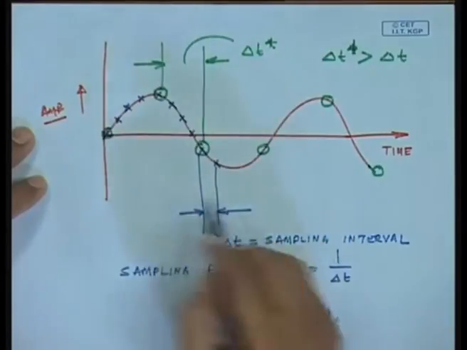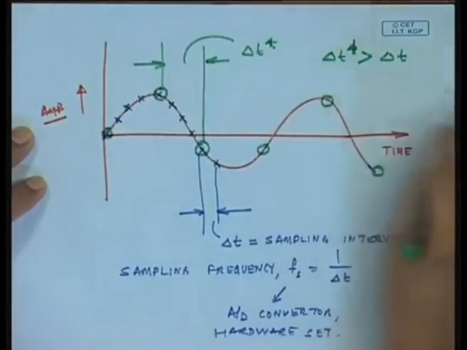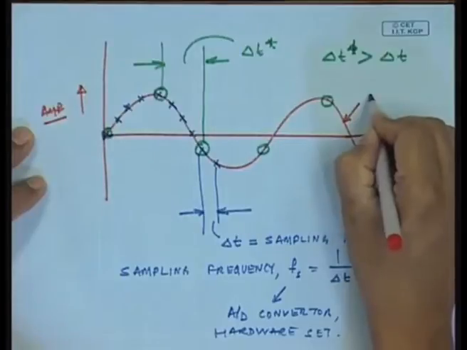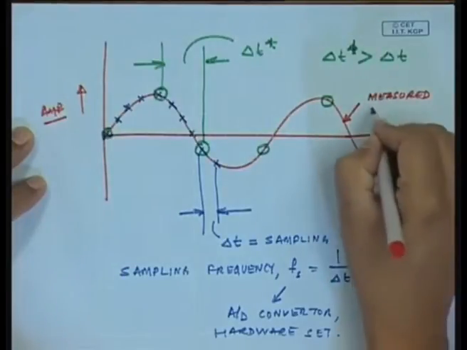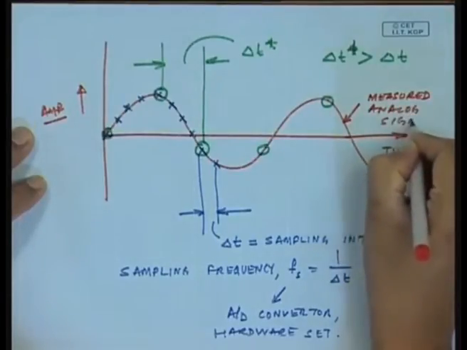Now, if I ask my computer to understand what the original analog red signal is, this is my measured analog signal.